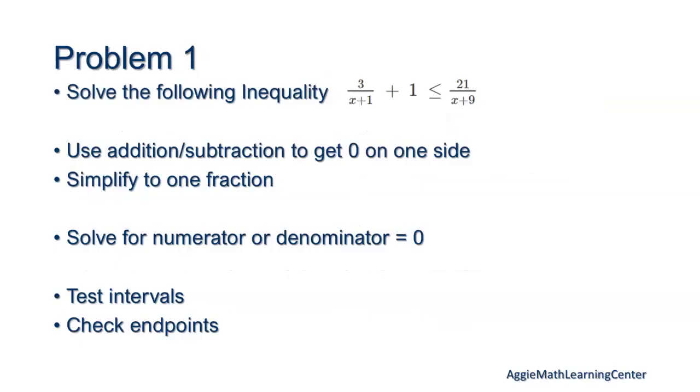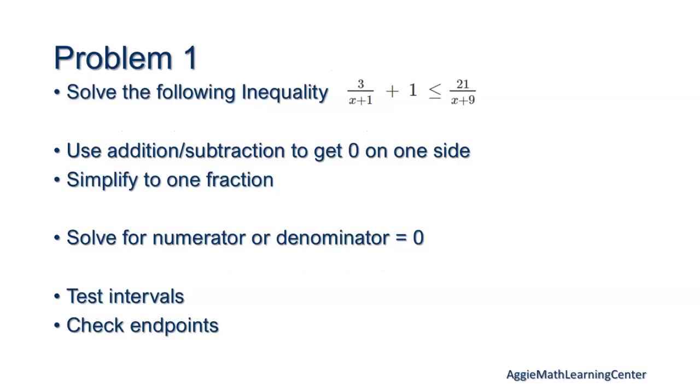So we have this inequality here. We have 3 over x plus 1 is less than or equal to 21 over x plus 9. And I love how they give us absolutely no space on this slide to write this. I'm gonna write this down. The first point says use addition or subtraction to get 0 on one side.